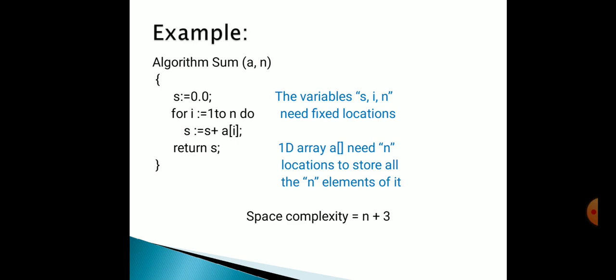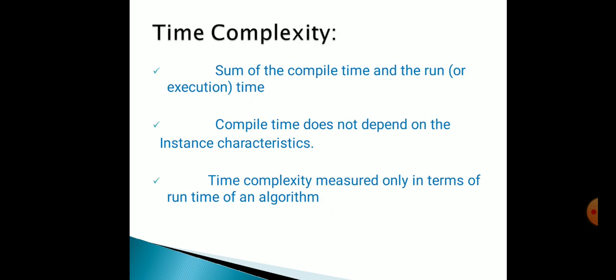Now let us see how to calculate the time complexity of the algorithm. I am continuing with the same algorithm. Initially, time complexity is defined in terms of compile time and runtime. So we need to measure how much time is taken by the system to compile your program as well as to run your program to produce the output.